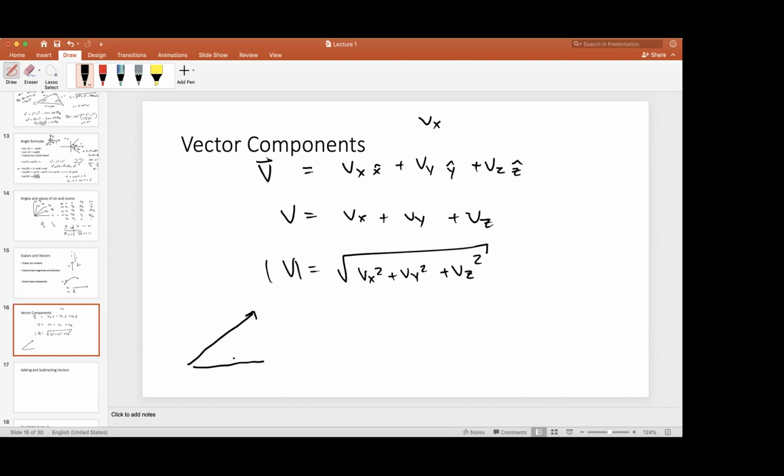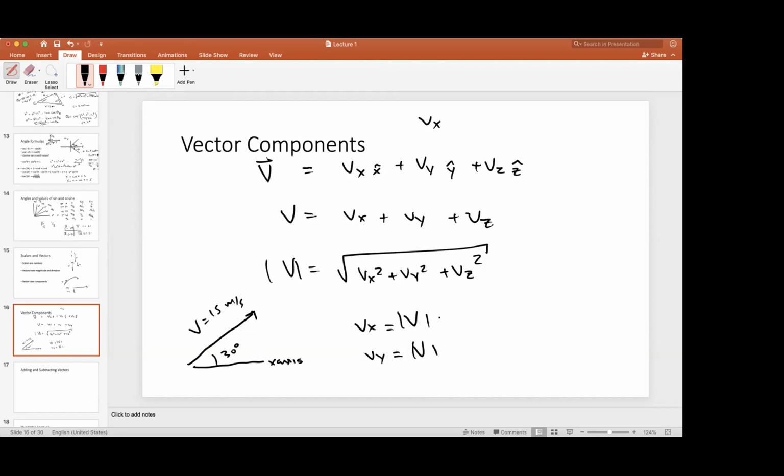Then we can break them up just like a triangle. So let's say that this is our x-axis, right? The ground, and I launch something with a speed of 15 meters per second at 30 degrees. Okay, I want to know what its x velocity is, and I want to know what its y velocity is. So all I have to do is I write v. I know the magnitude of v.